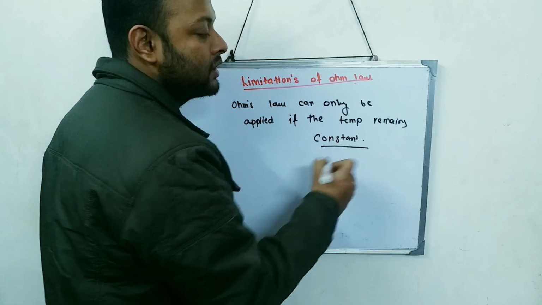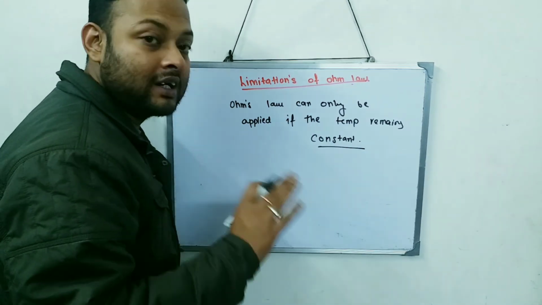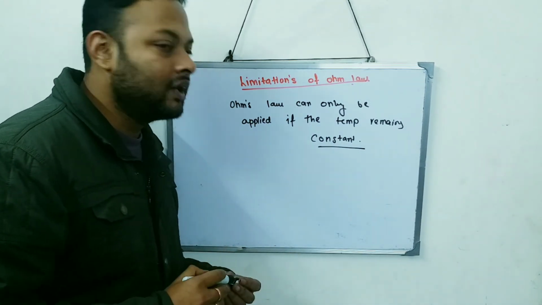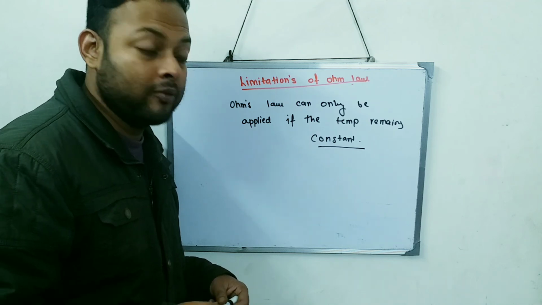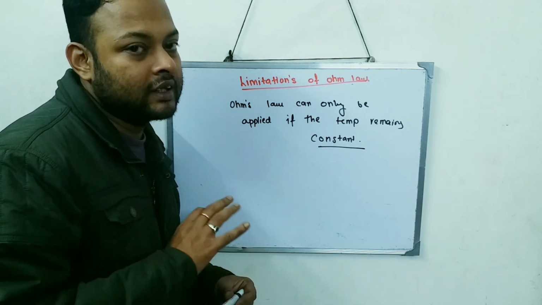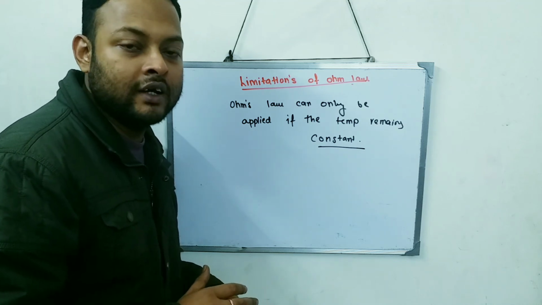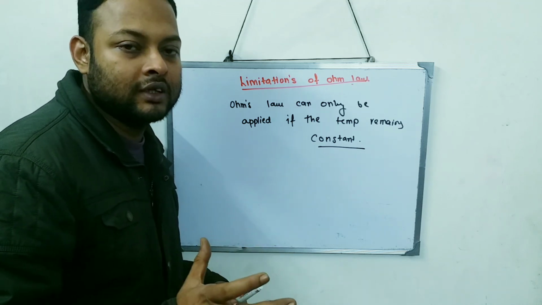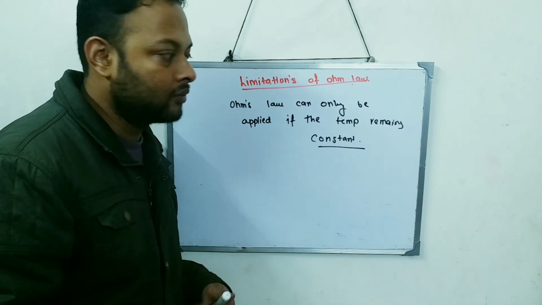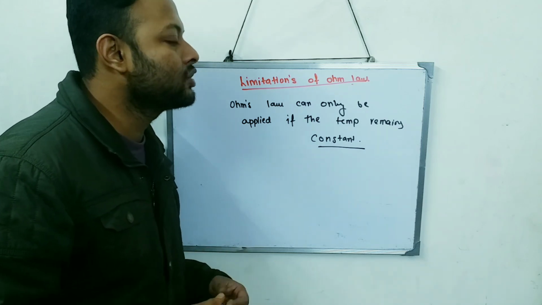Remember, if the temperature remains constant through the entire experiment, then only Ohm's law can be applied. If the temperature changes, then the values will also change, and then we will not get our desired value of resistance. Then the whole experiment goes wrong. So this is the only limitation of Ohm's law.